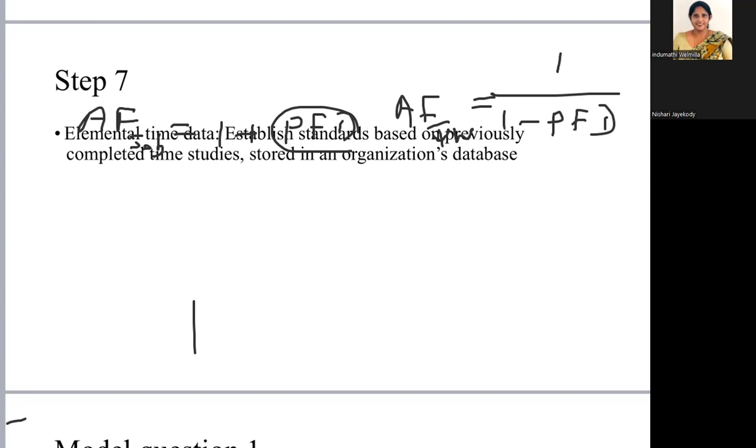So to calculate per day output of workers, they have to know the standard time for the particular job done by the workers in that company. So then, yes.